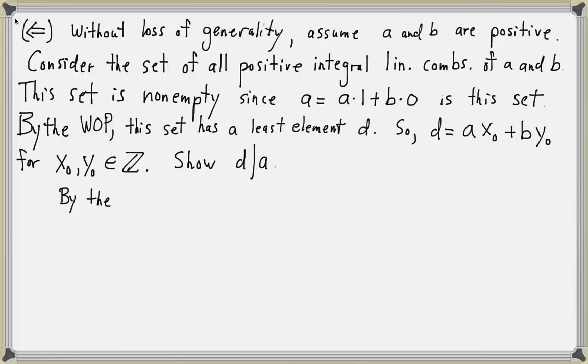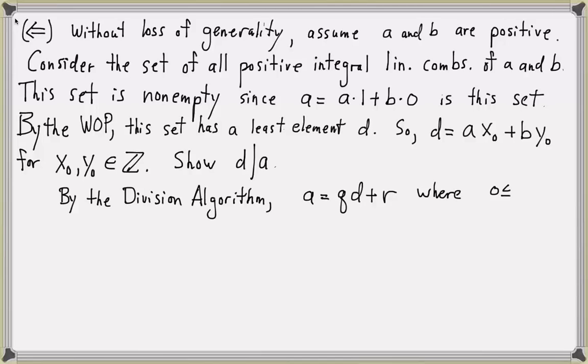By the division algorithm, A equals a quotient times D plus a remainder, where this remainder must be greater than or equal to 0 and less than D.